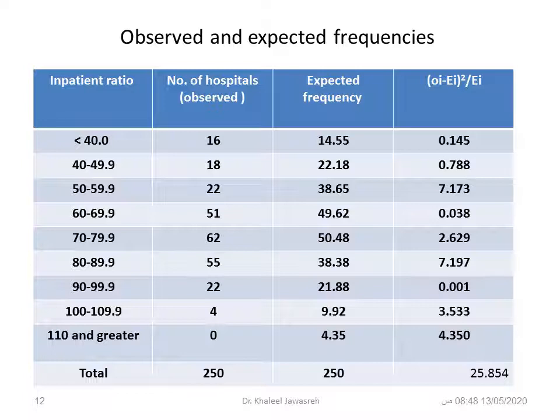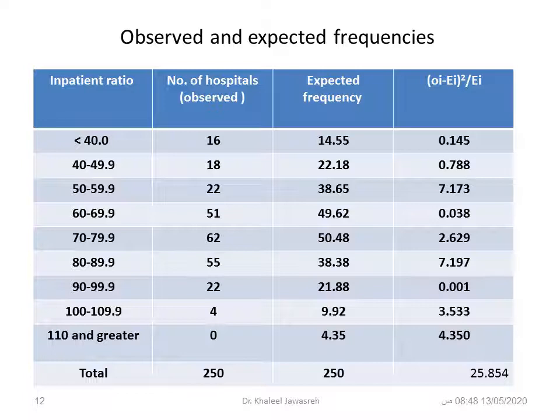Again, 0.145 here in the last column, the first value, resulted from observed minus expected squared over the expected. So the observed here is 16. You can find it in the first table actually. The expected frequency comes from the third column. Those values came from the previous calculation of the normal distribution and the surface below the curve, and we found them by using the previous steps.